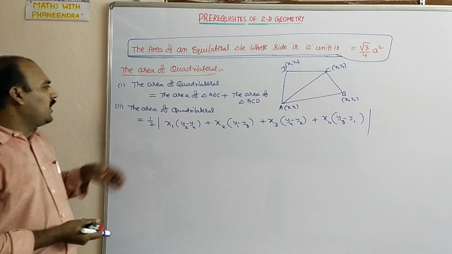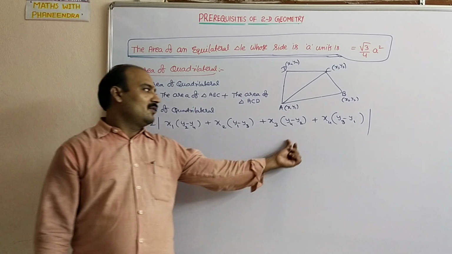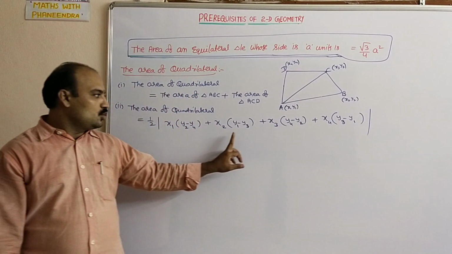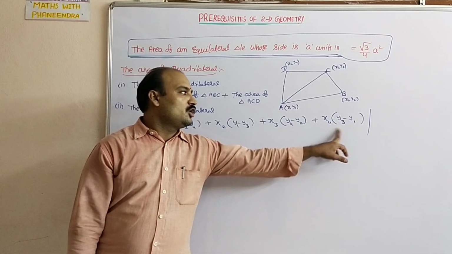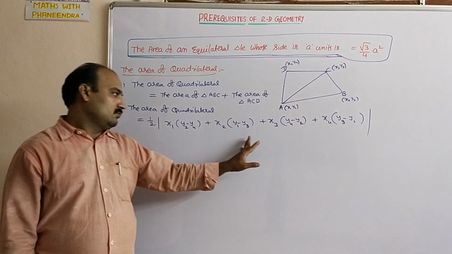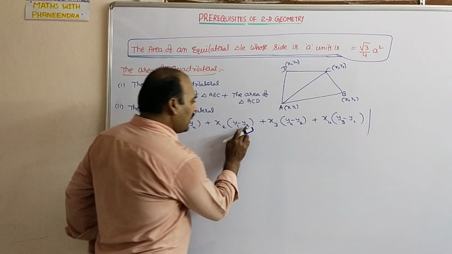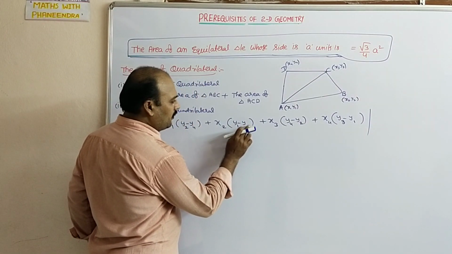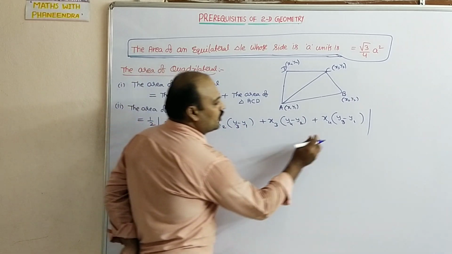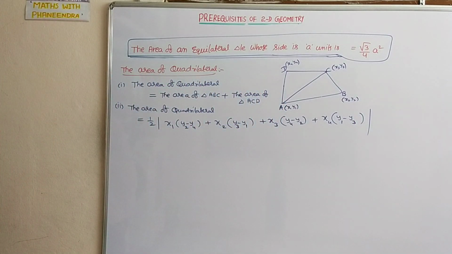The area of the quadrilateral is half into x1 into (y2 minus y4) plus x3 into (y4 minus y2) plus x2 into (y1 minus y3) plus x4 into (y3 minus y1). This is the way if you write, you will get it. Otherwise, you can write in increasing order, 1, 3, the serial order. This is the way you can write it.